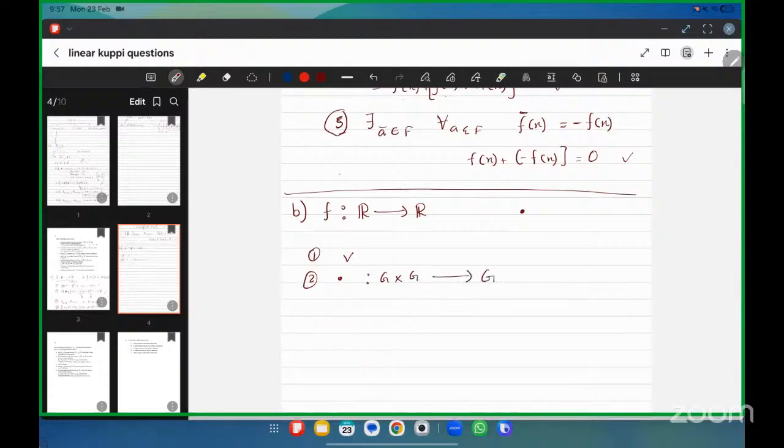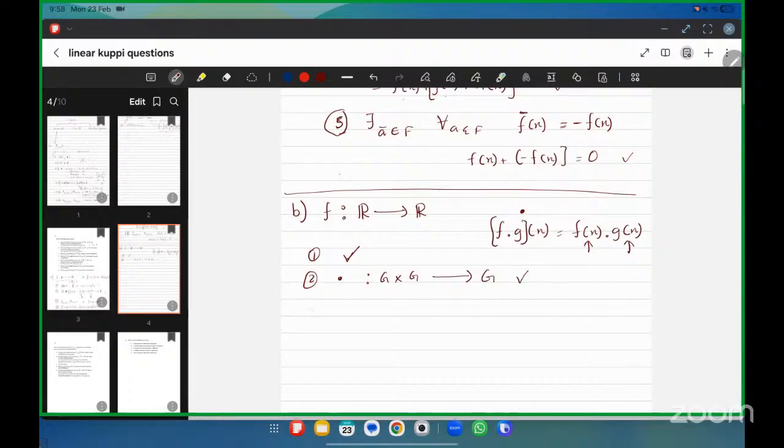We input real valued functions, and when we perform the multiplication, we only get a real value, right? So (f dot g)(x) is equal to f(x) dot g(x). f(x) is a real value, g(x) is a real value. When we multiply two real numbers, we get a real value output. So the second condition is fulfilled.